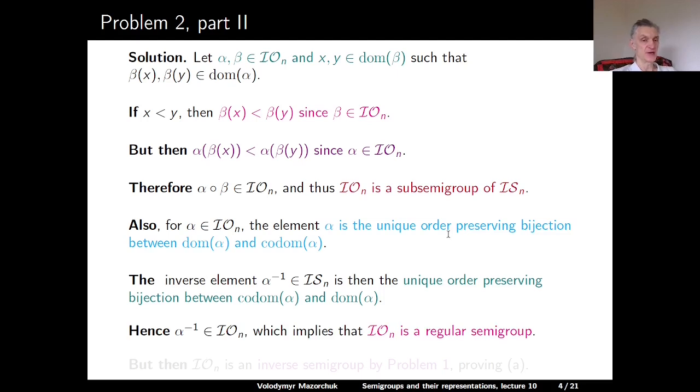And this means that alpha inverse belongs to ION. And this implies that ION is a regular semigroup. Each element has at least one inverse. But then ION is an inverse semigroup by problem 1 because it's a regular subsemigroup of an inverse semigroup. And this proves part A.